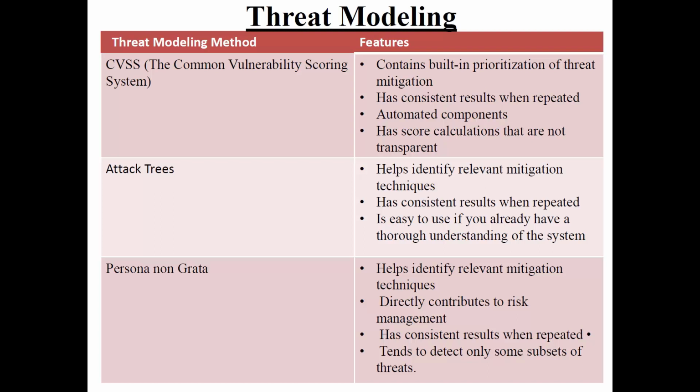So basically, the expert tries to see that if an attacker will attack this particular system, then in what ways it can be done. But this model tends to detect only some subsets of the threats. So again, it is not very widely used.